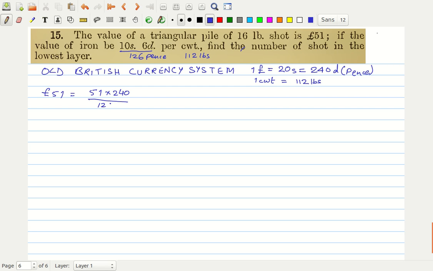If we divide this by 126 pence, we will get how many CWT.